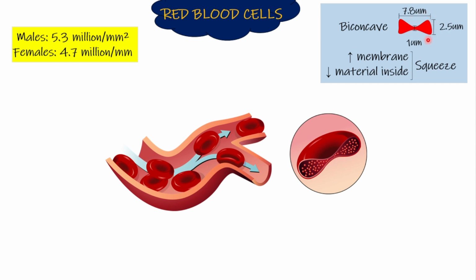But in the case of spherical RBCs rather than the biconcave disc, those RBCs will be unable to squeeze through the tight pores, and then the RBCs will be ruptured, as in the case of hereditary spherocytosis, which is a hereditary disorder of RBCs, where the RBCs are converted into a spherical shape because of the lesser amount of membrane outside the RBCs.